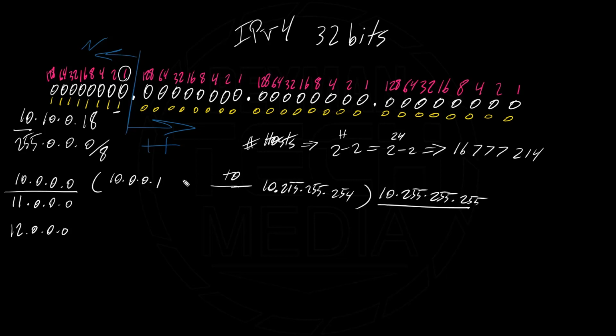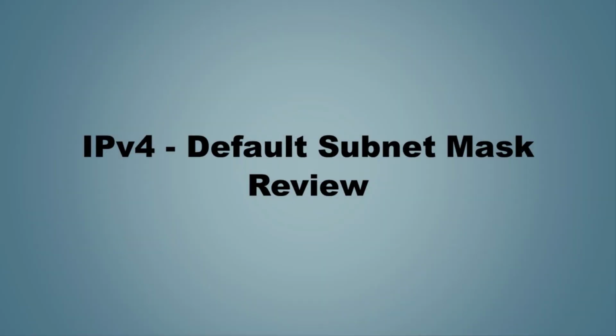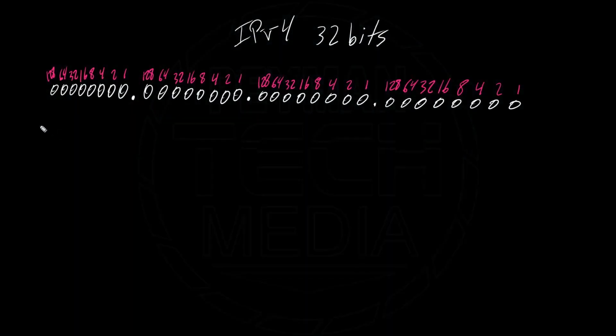So this was an example of using a class A IP address with the class A default subnet mask, in which this network has a total of 16,777,214 available IP addresses. For class A, we have 8 bits for the network, which gives us the default subnet mask of 255.0.0.0.